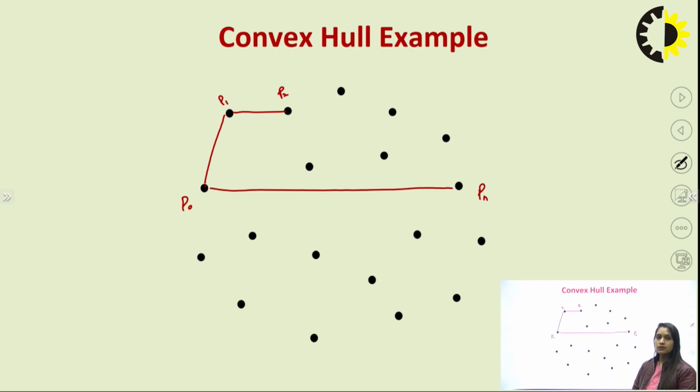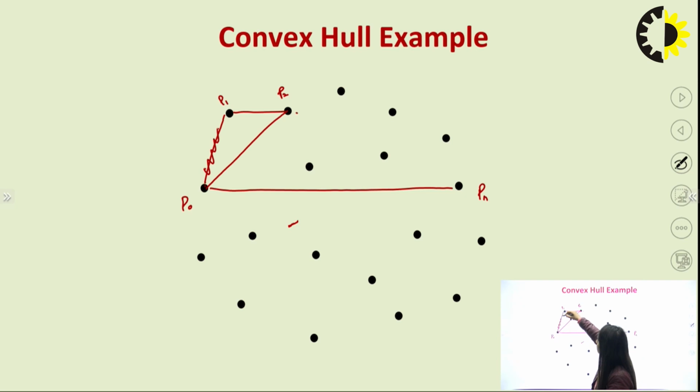This makes a triangle over here. If this kind of condition occurs, then I just need to connect P0 and P2 directly, so I remove this part. This is not part of my polygon.